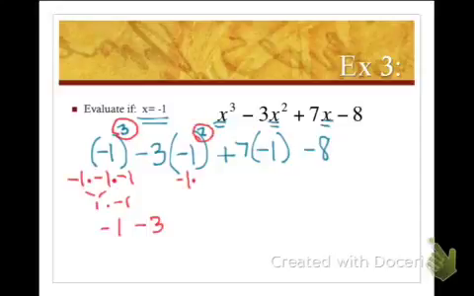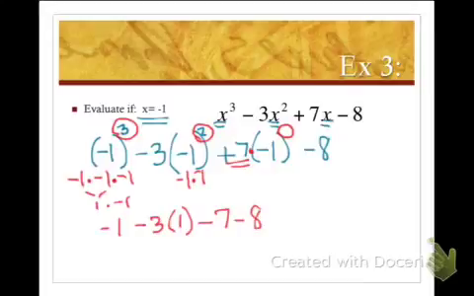So a -1 times a -1 is a +1. Notice I haven't touched the 3 here. Third parenthesis, there is no power, so I'm now going to multiply that +7 times a -1 and get a -7. At this point in time, we have still one parenthesis left that I need to multiply, so it's a -3 times a +1, and the answer is that that's a -3.